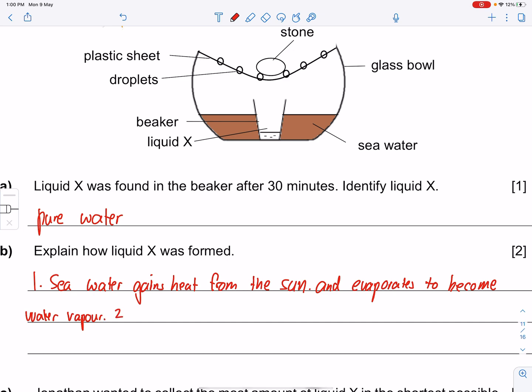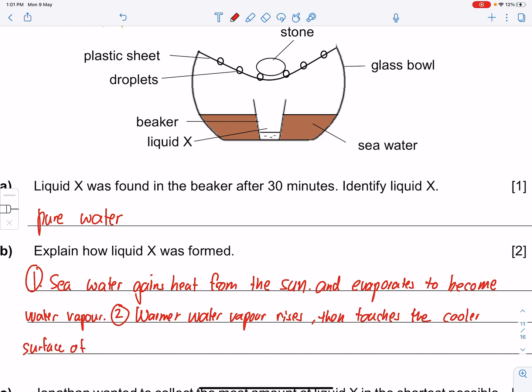Then point number 2, warmer water vapor rises, then touches the cooler surface of the plastic sheet.